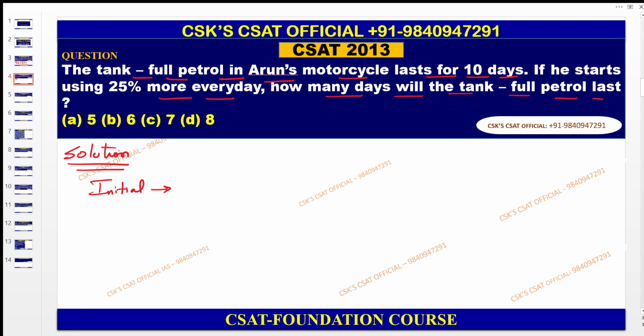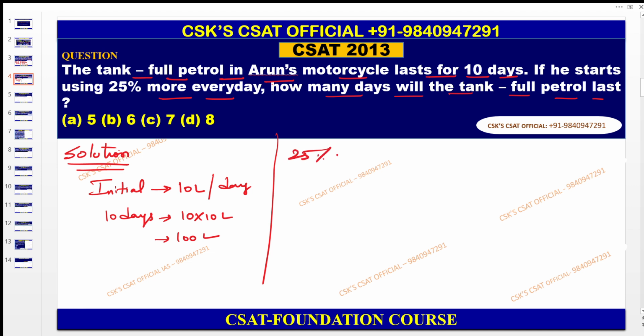Completely fine. If you are taking 10 liters per day, then for 10 days, 10 into 10 liters, which is equal to 100 liters. So this is actual.